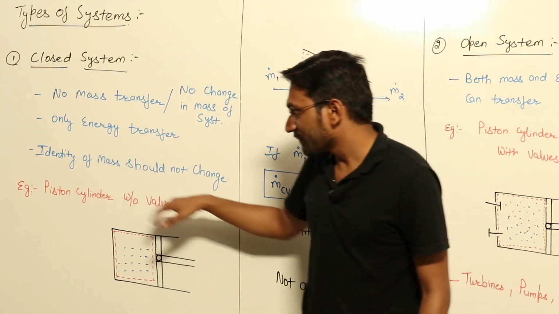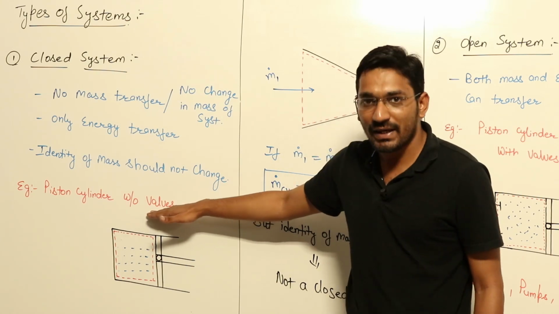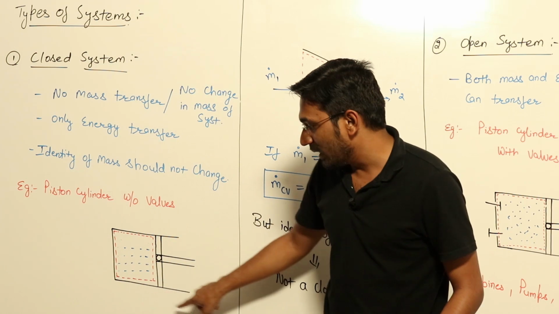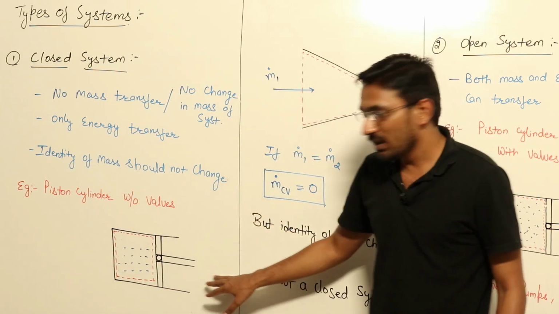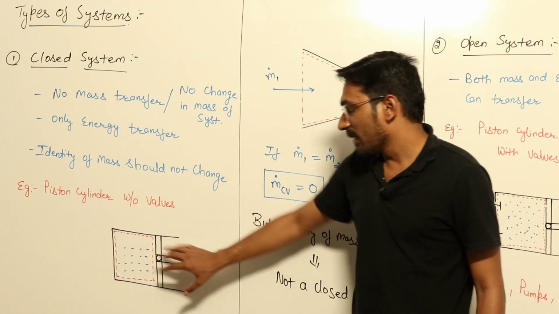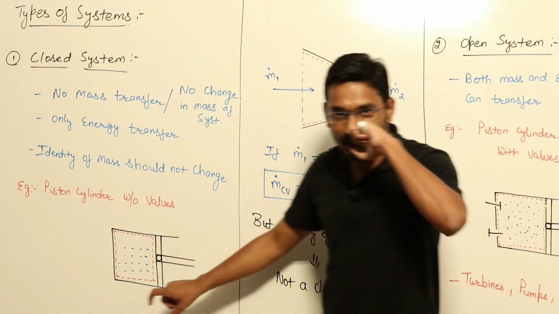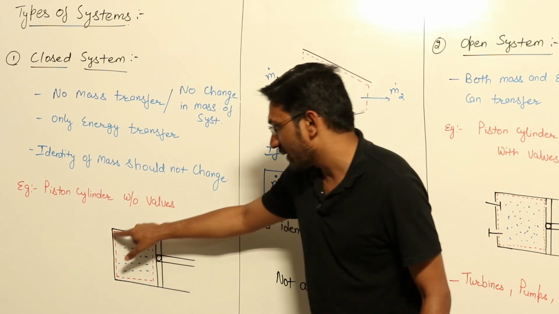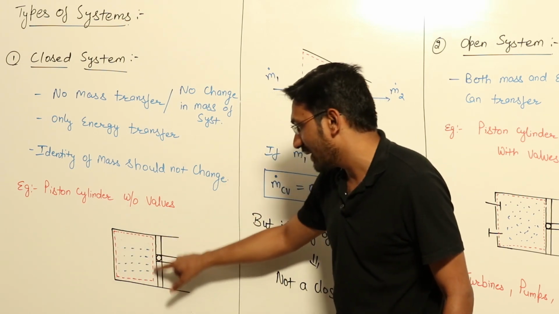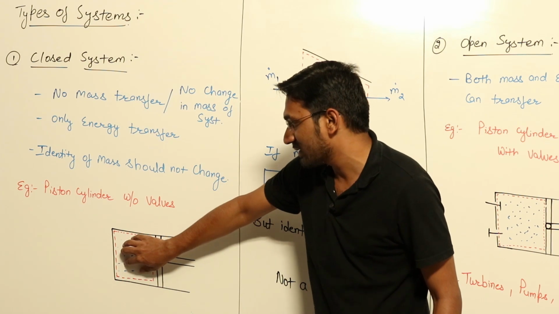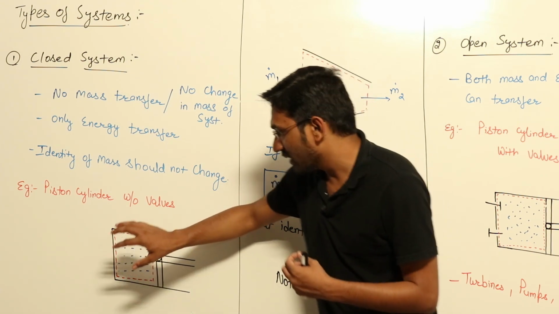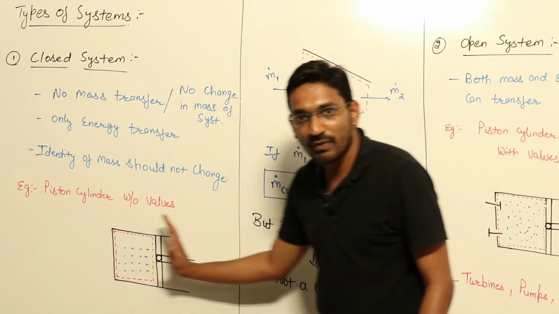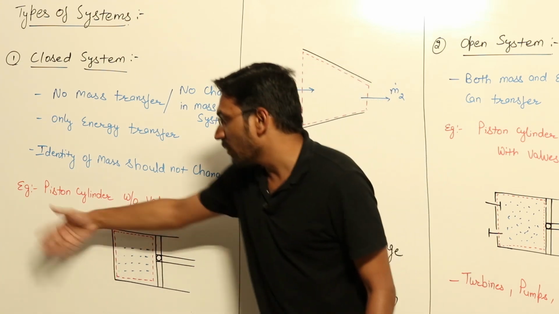For example, consider a piston cylinder arrangement without valves, with no outlet and inlet valves. This is a cylinder, this is a piston. If I say I am only concerned about this red dotted line, the area inside the cylinder, as my system, and the piston is moving in this direction, there is no mass going out of the system.